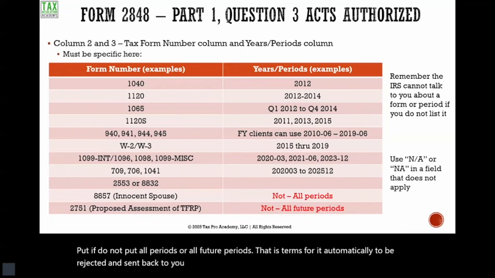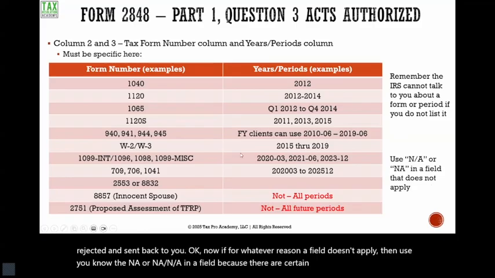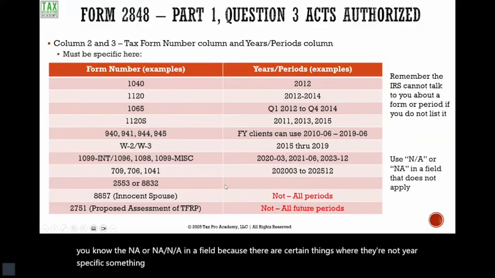Okay, now if for whatever reason a field doesn't apply, then use NA or N/A in the field, because there are certain things that are not year specific. Something like a 2553, well, actually, no, that is year specific.